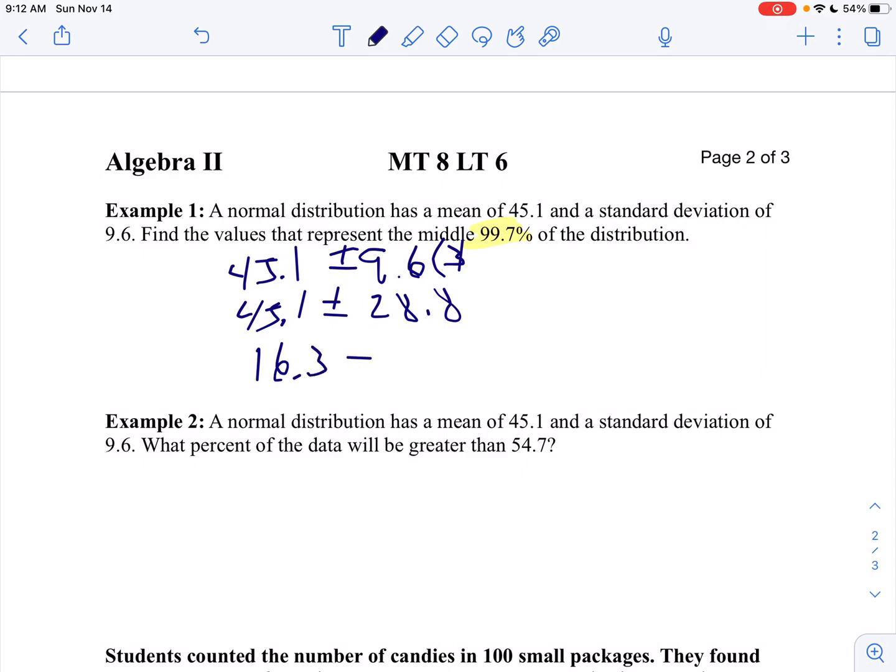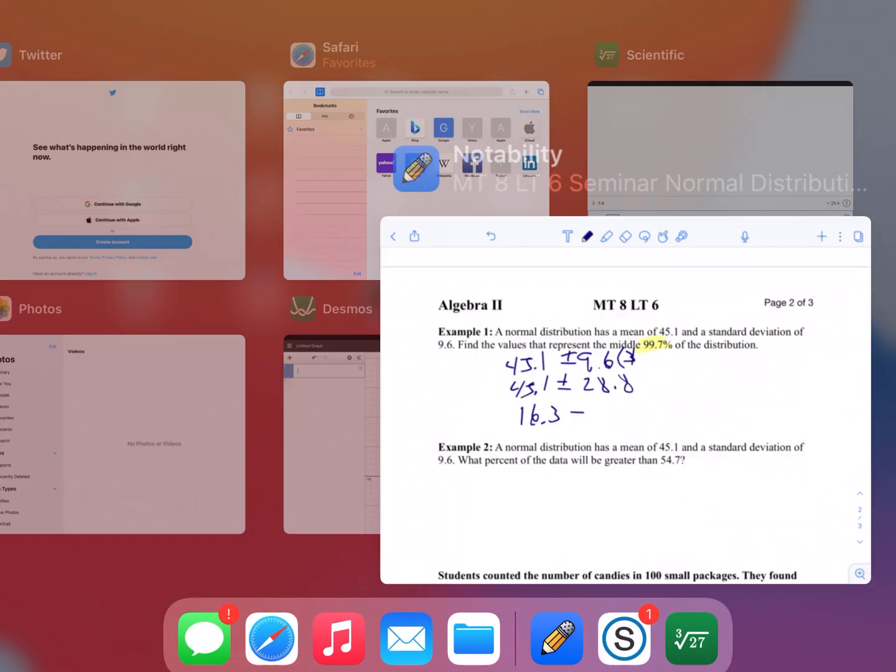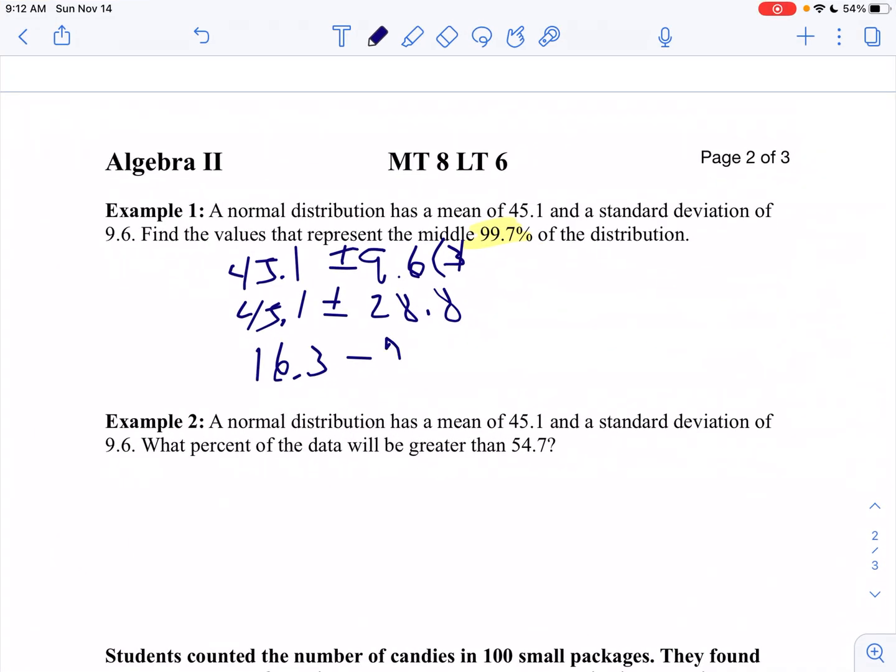And then we'll do the highest value. I'll take 45.1 plus 28.8. It'll be 73.9. So 99.7% of our data in this curve, this distribution, is going to be between 16.3 and 73.9.